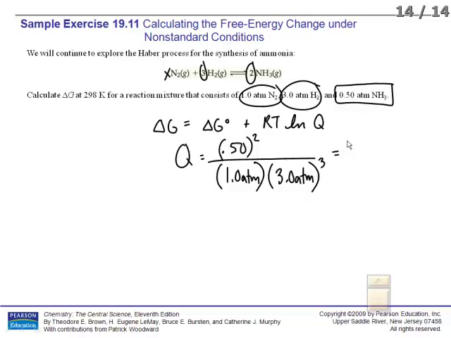0.5 squared divided by 1 times 3 to the 3rd. Okay, check my values here. Yep, I'm good. I got 9.259, which basically is 9.30, times 10 to the negative 3rd value.